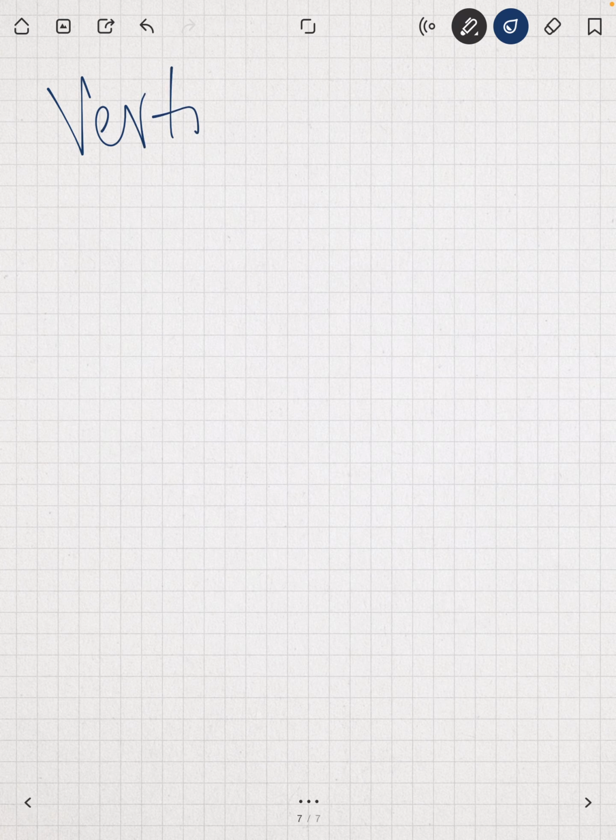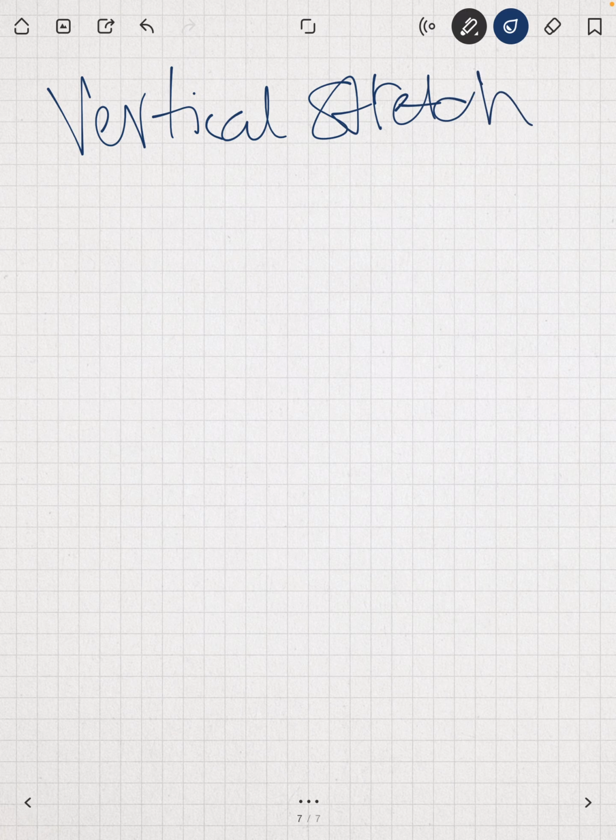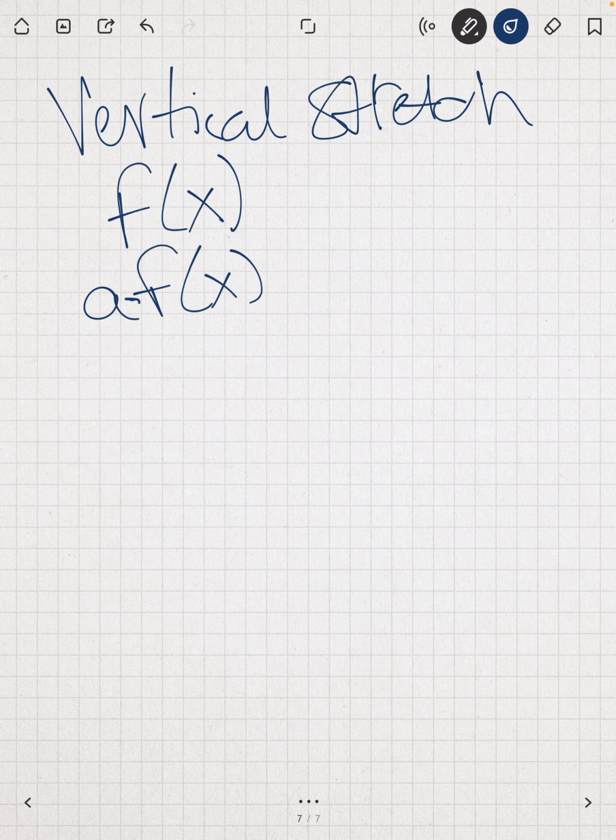Vertical stretch. And like I said, our form here is if we go from f of x to a, some constant, times f of x.